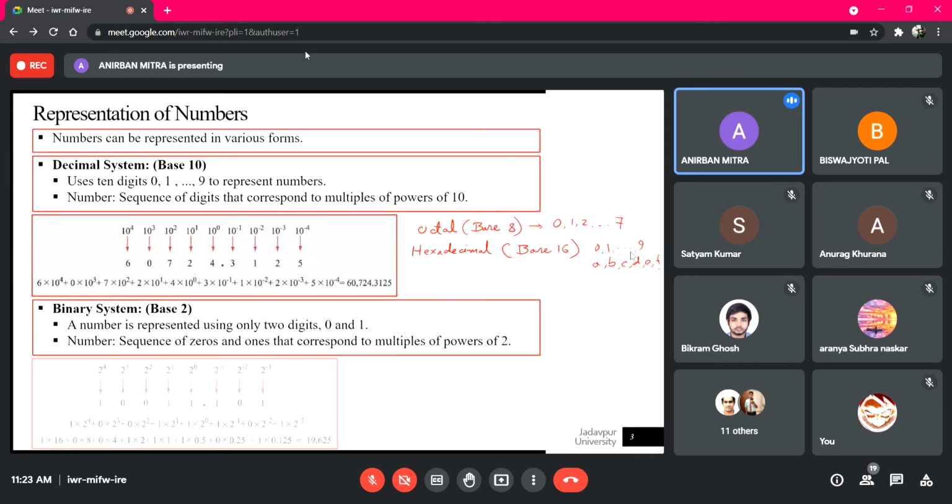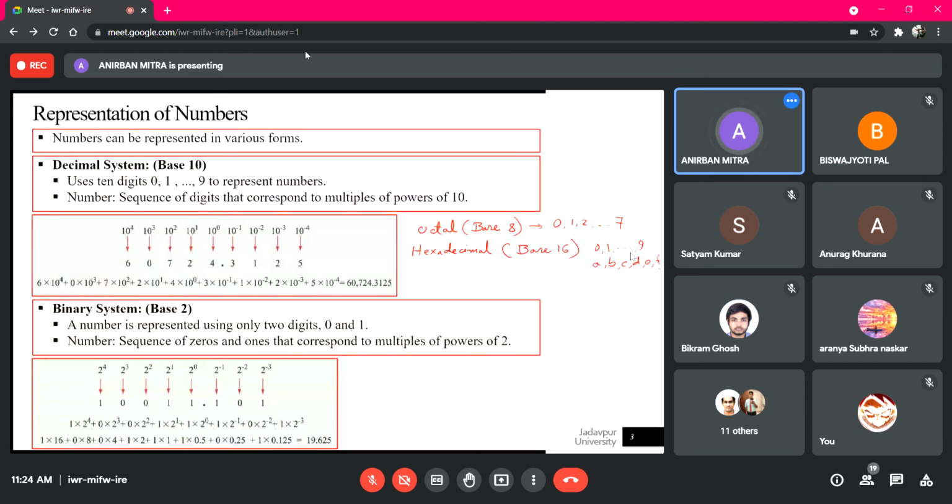But here is an example. You can see that a binary number 10011.101 is represented. By the way, here I would like to mention that the point here is known as a binary point. In decimal system, we use the decimal point. In case of binary system, there is a binary point. You can see how this binary number has been converted to a decimal number.